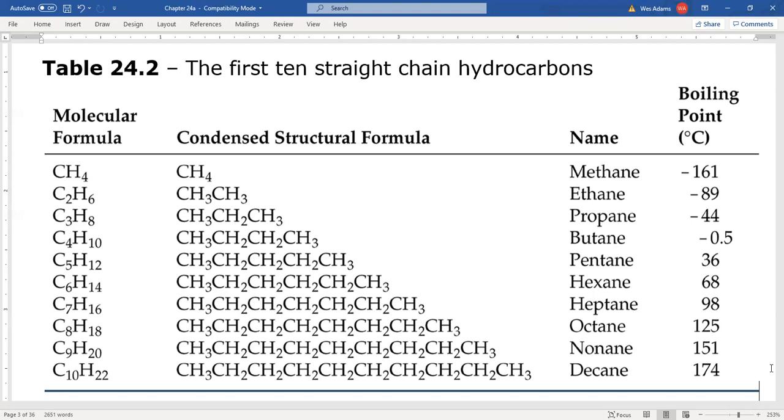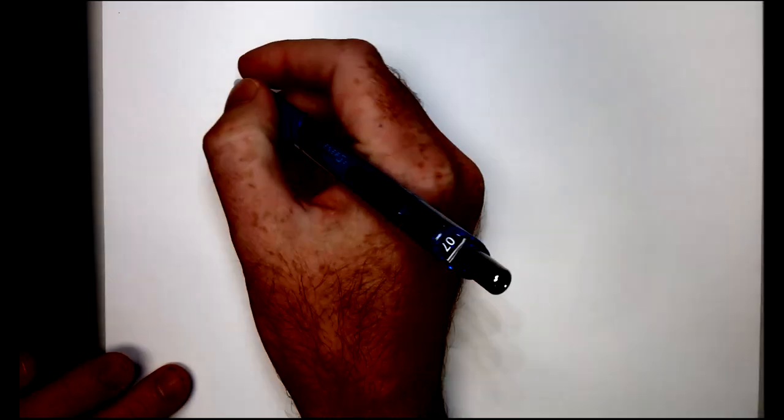So let's go to the paper and we'll talk about how to work with these just a little bit. So let's, for example, look at C3H8.